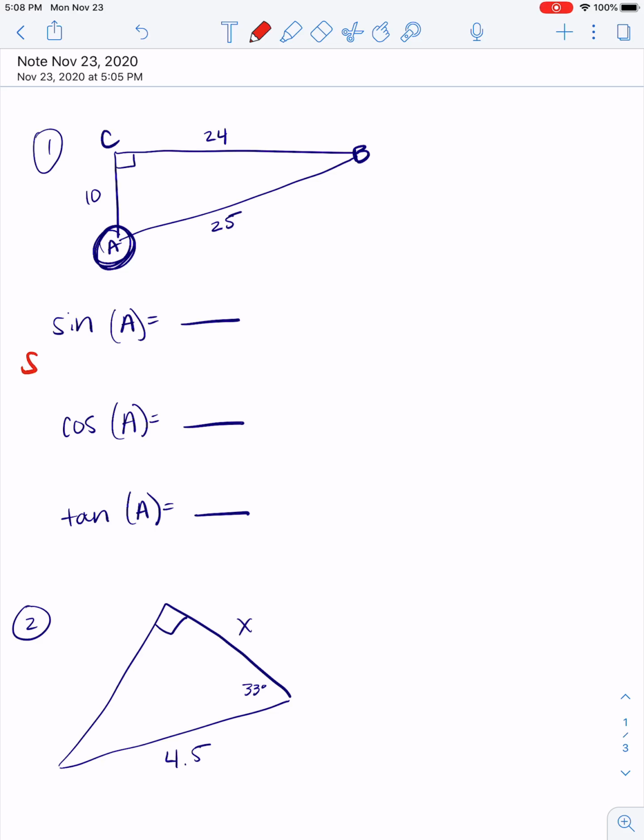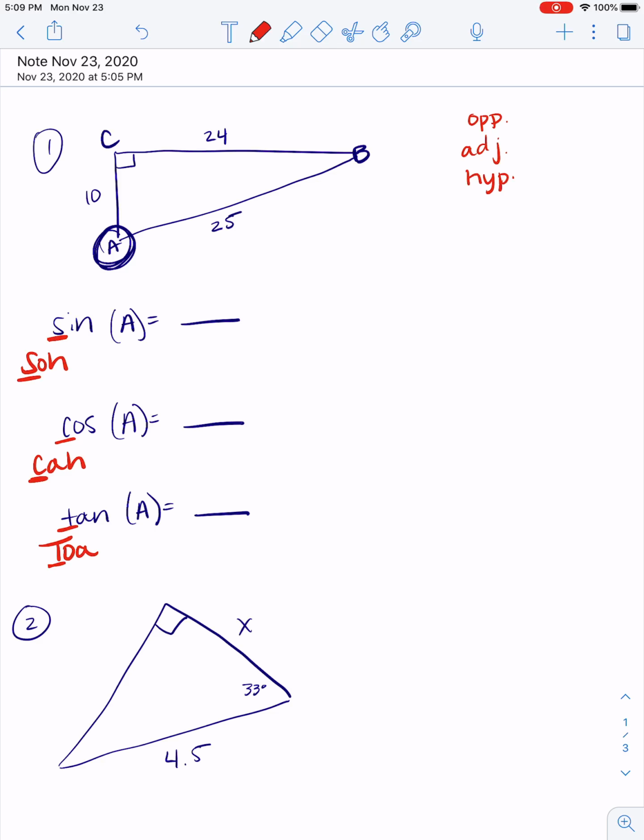So to spell that is SohCahToa. So S is sine, C is cosine, T is tangent. And then the O, H, A, H, O, and A, that's the opposite side, the adjacent side, and the hypotenuse side. Okay, so opposite, adjacent, and hypotenuse sides.